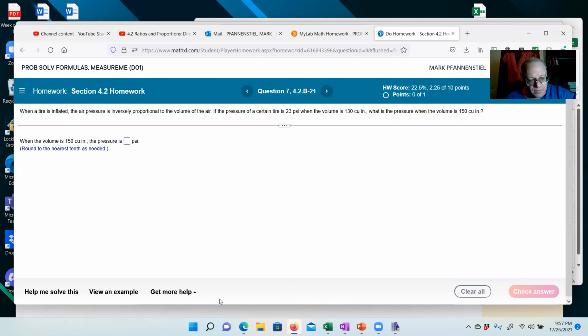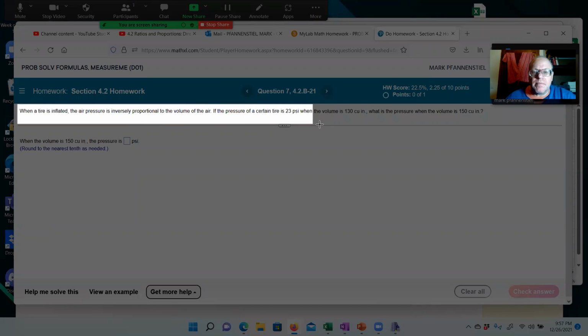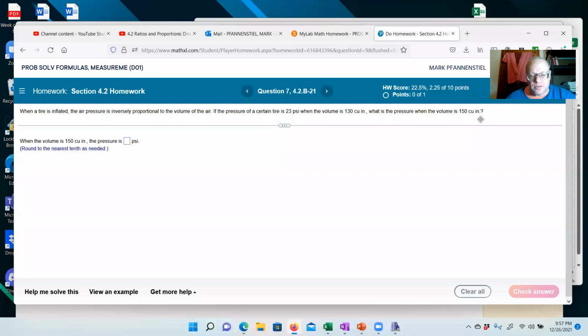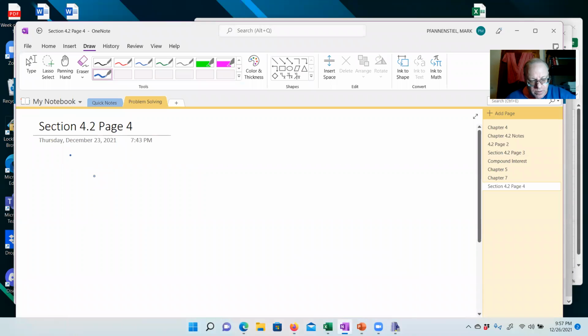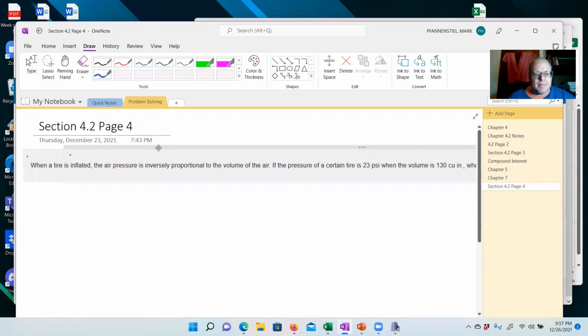Grab this problem. Again, it's going to run off the page, but that's okay. Okay, Control V. So here we have it. It says when a tire is inflated, the air pressure is inversely proportional to the volume of the air.